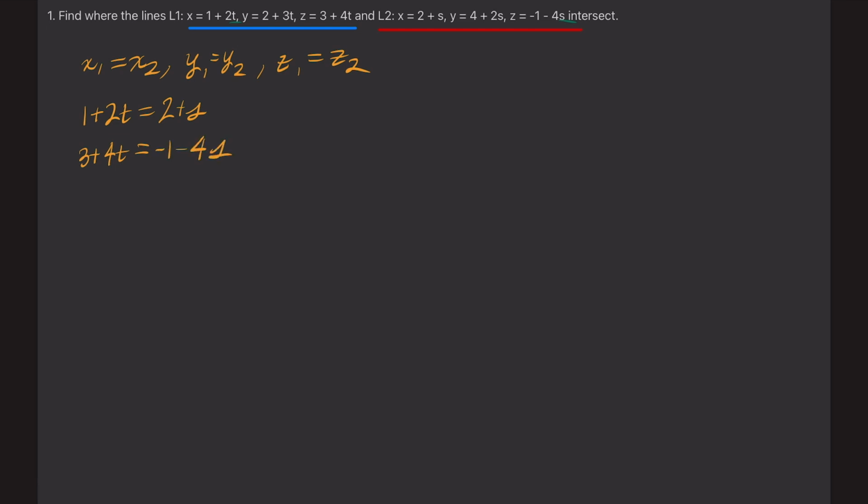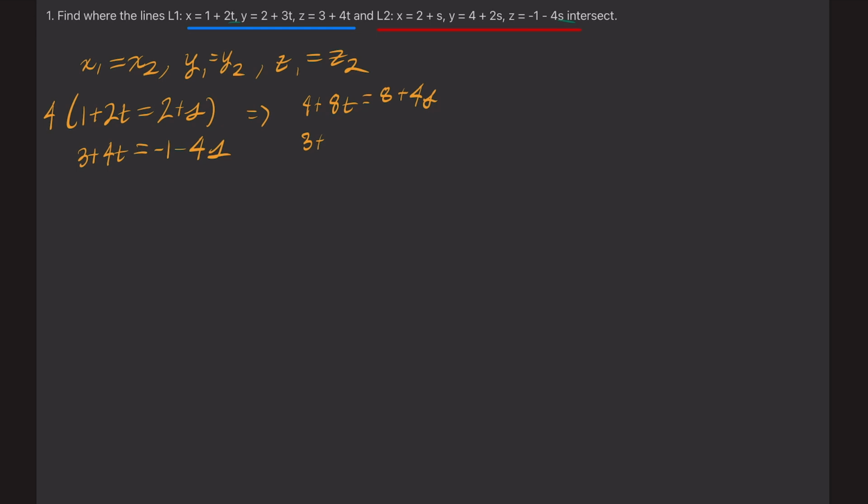The reason why I chose these equations is that I can multiply the top equation by 4, and I get 4 plus 8t equals 8 plus 4s. The z equation is 3 plus 4t equals -1 minus 4s.